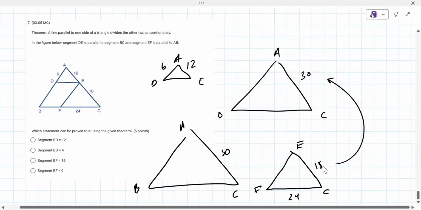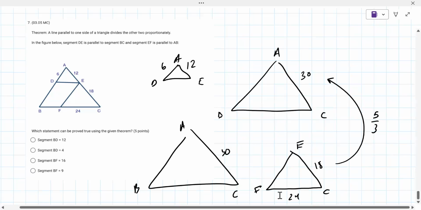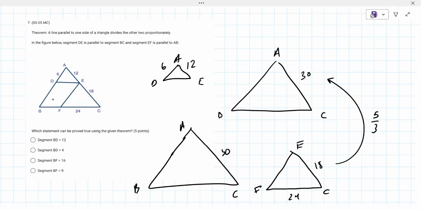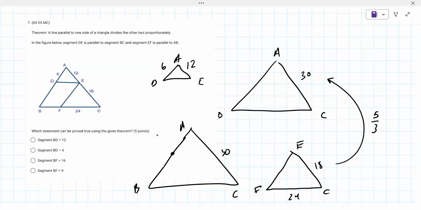To do that, you're multiplying by 5/3. Now BD is kind of the whole length, so to go from 12 to 30, we're multiplying by 5 halves. If we multiply 6 times 5/2, that would be 15, which would make it 9.